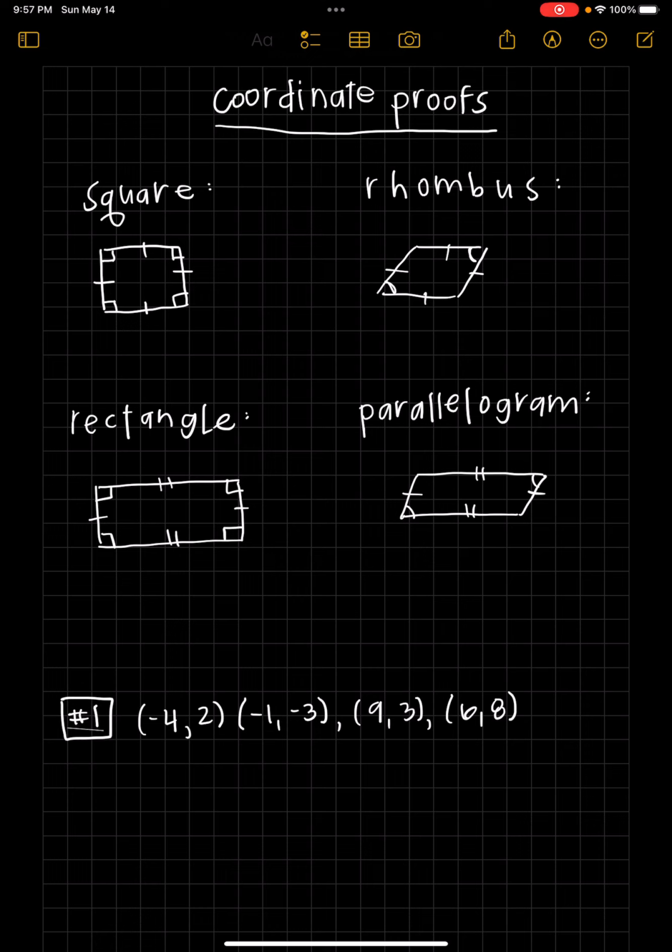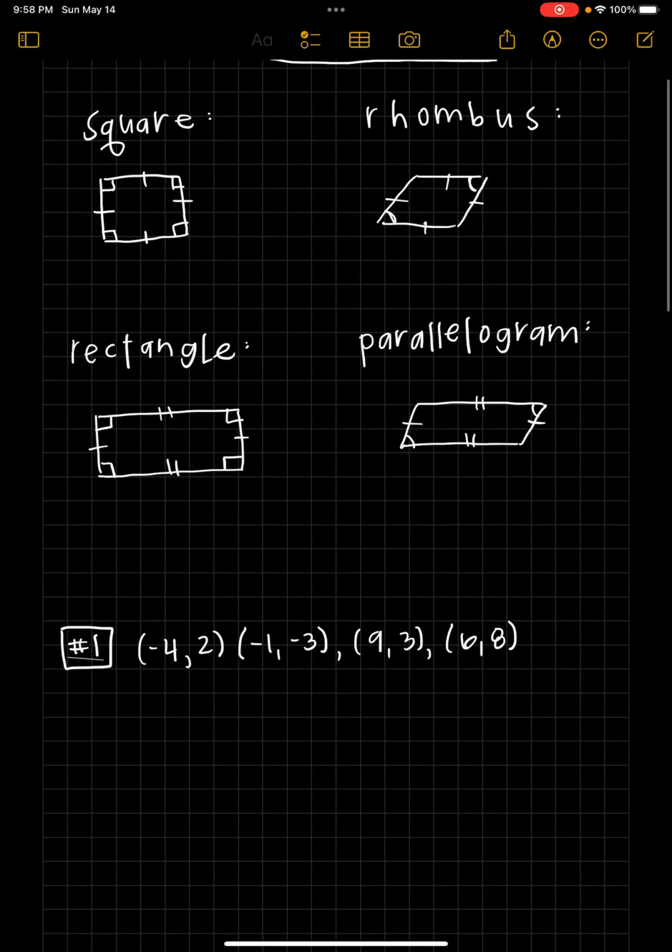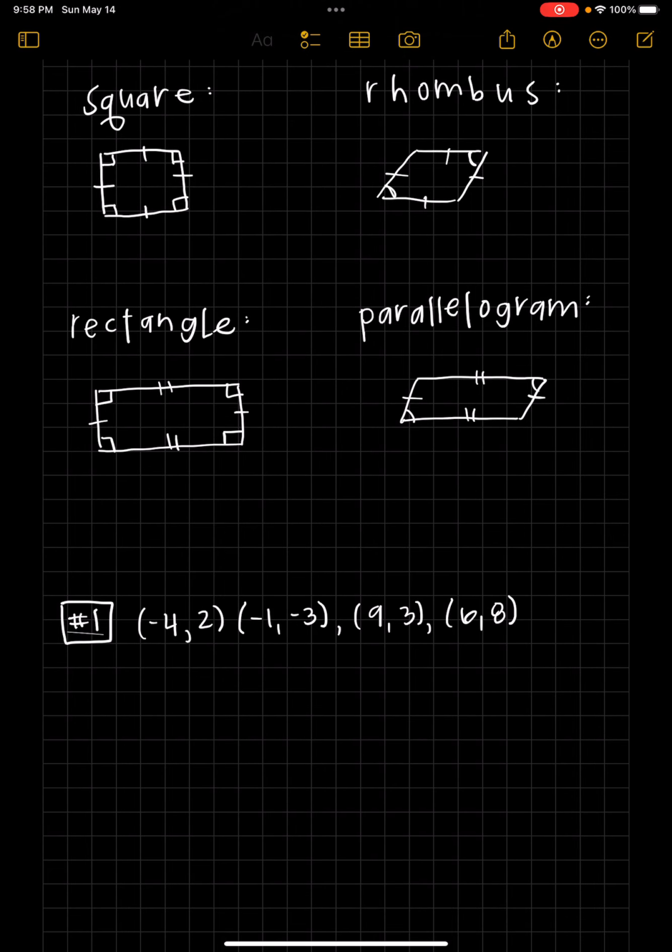So for the first 2 examples, we're going to be taking 4 different points and determining what kind of quadrilateral they represent. Like we talked about, we're going to need the distance formula to figure out what the lengths are, and we also need the slope formula. So I'm going to write those down right here. My distance formula is d is equal to the square root of (x2 minus x1) squared plus (y2 minus y1) squared.